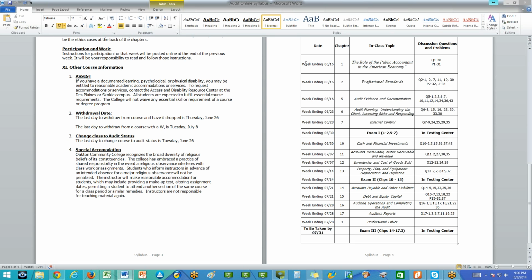Because these are 2 small chapters which you can essentially look at as one. The first chapter is an introduction to auditing, the public accountant, and the second chapter talks about the professional standards in the field of auditing. And then you have where we essentially start with Audit Evidence and Documentation, Chapter 5.